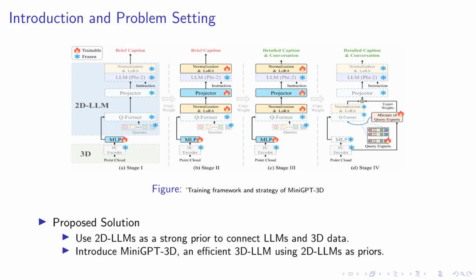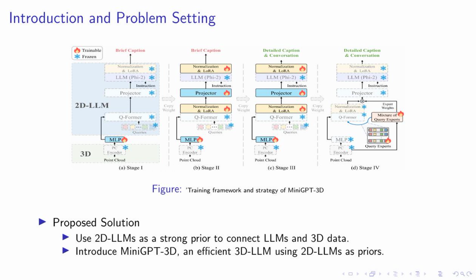In this slide, we delve into our proposed solution to the challenge of efficiently connecting large language models, or LLMs, with 3D data. We introduce the concept of using 2D vision language models, known as 2D LLMs, as a strong prior. This approach allows us to leverage the existing alignment between 2D images and language, reducing the cost of aligning 3D point clouds with LLMs.